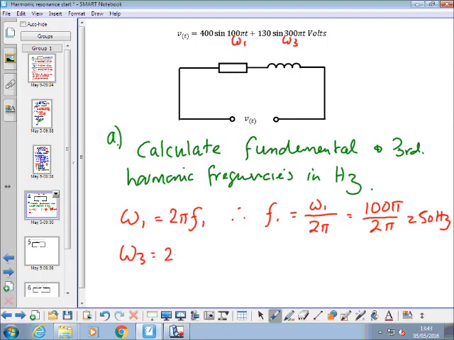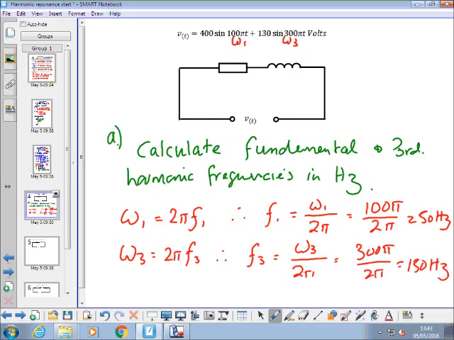So omega 3 is 2 pi f3, therefore f3 is omega 3 over 2 pi: 300 pi over 2 pi is 150 hertz.